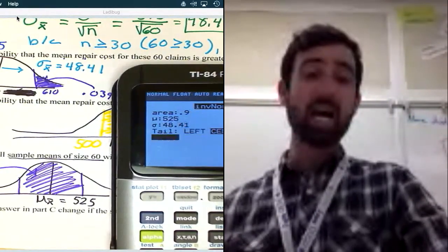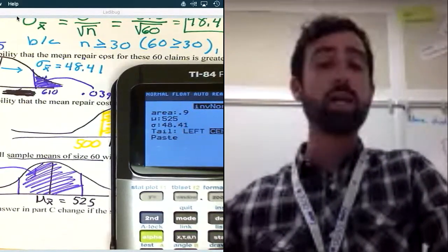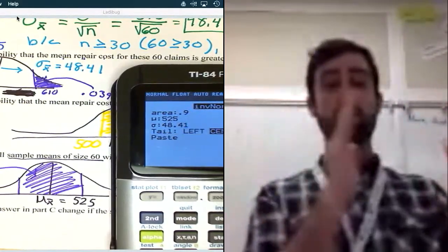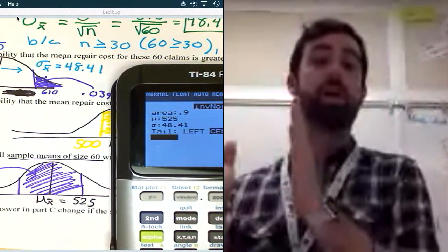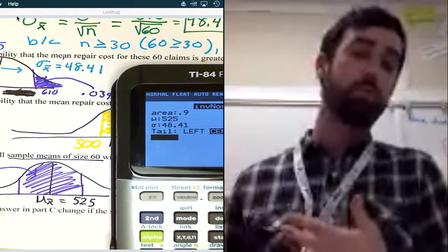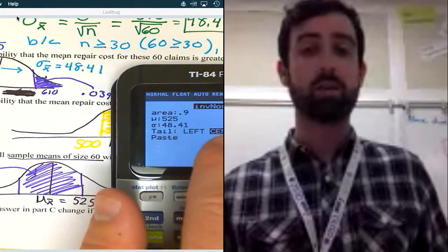Here's where the TI-84 really helps. You can decide, hey, what 90% do you want? Do you want the lower 90%? Do you want the center 90%? Or do you want the upper 90%? So this is where splurging for the TI-84 is really going to help you out. We want the center 90%.